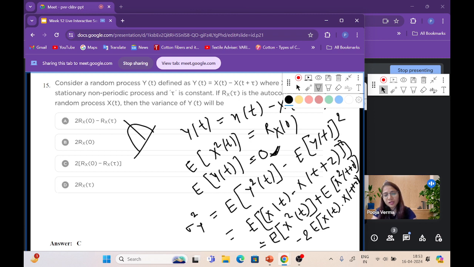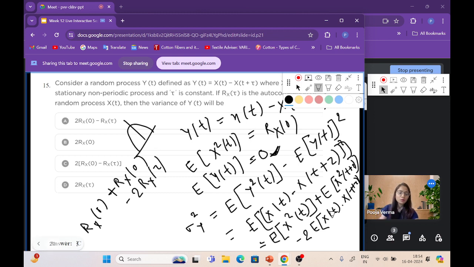So it can be represented by Rx of 0. And the cross term can be written as minus 2 Rx of tau, because it is the autocorrelation of the function x, the multiplication of x of t and a shifted version of itself.